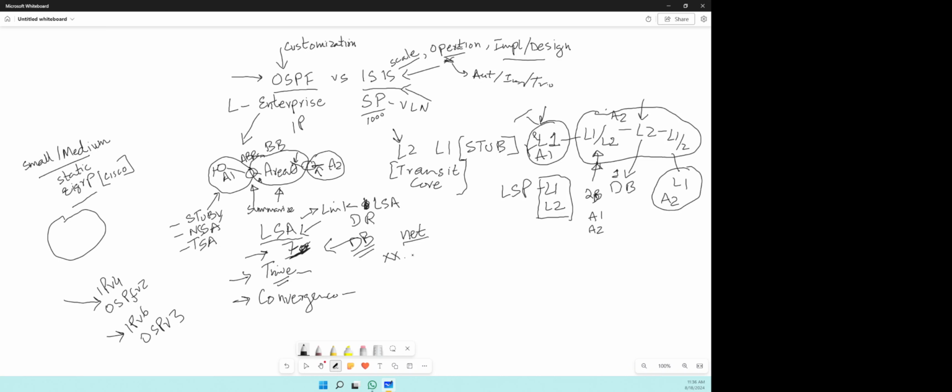XX dot, and I'll just use the numbers 1, 2, 3, 4, so it's easier to read. 5, 6, 7, 8, 9, 10, 11, 12. 1, 2, 3, 4, and then you got this. This is the format of the network number that you use in ISIS, and after that everything is pretty straightforward. This is always 49.